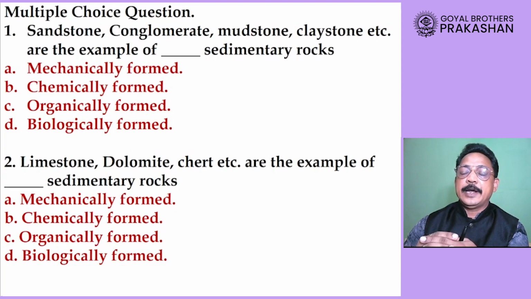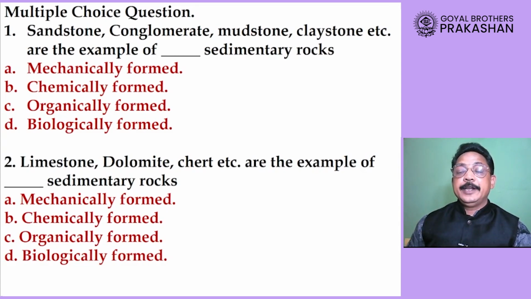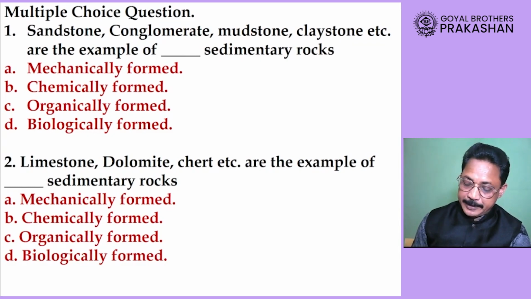So let us look at the first MCQ based question, and that is sandstone, conglomerate, mudstone, claystone, etc. are the examples of dash type of sedimentary rocks. Mechanically formed sedimentary rocks, chemically formed sedimentary rocks, organically formed sedimentary rocks, or biologically formed sedimentary rock.